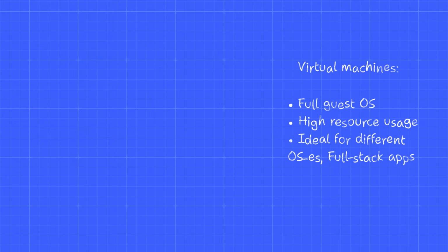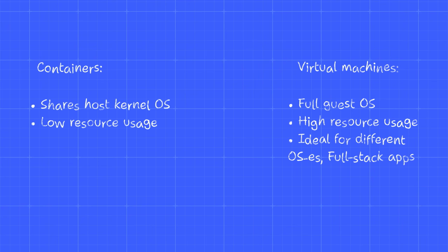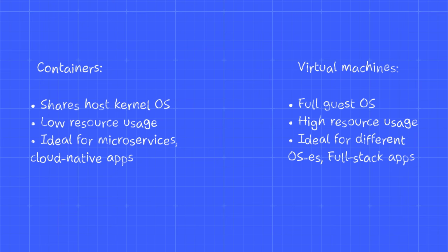Speaking of containers, I covered them in one of my previous videos, so now let's clarify how they differ from virtual machines. Virtual machines simulate an entire computer, including its own operating system, by virtualizing the hardware. Containers, on the other hand, only virtualize the software environment, meaning they share the host operating system while keeping applications isolated.